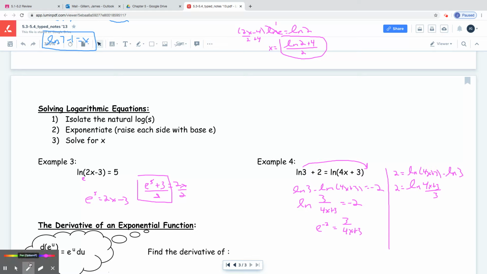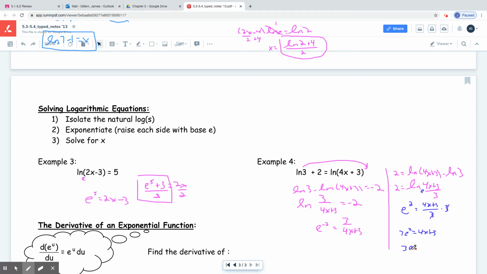So now I exponentiate, and this is an e, so it's e squared equals 4x plus 3 over 3. Get rid of the 3 by multiplying by 3 on both sides. So it's 3e squared equals 4x plus 3.